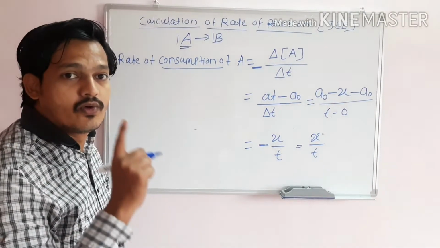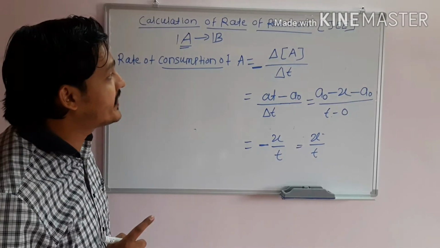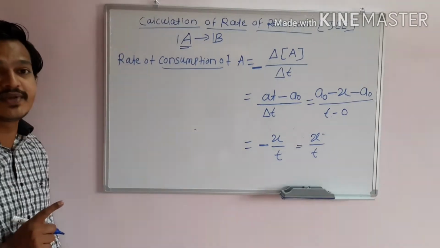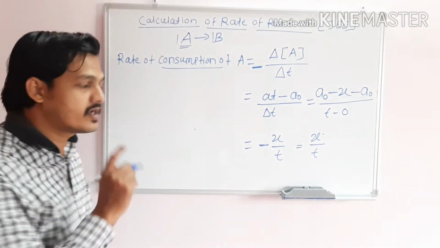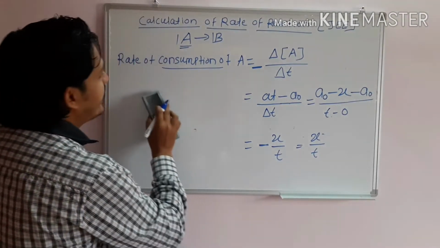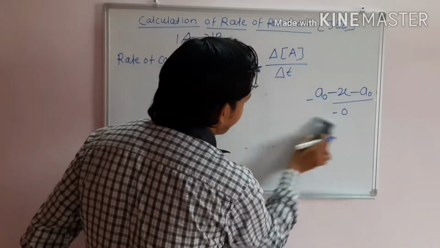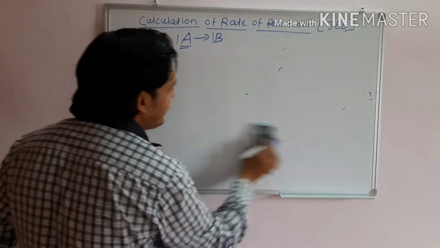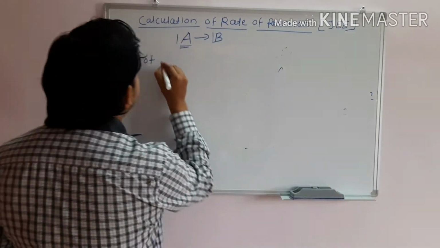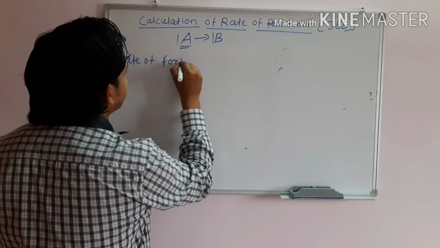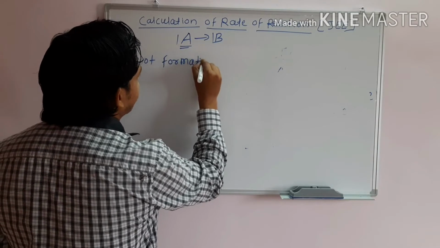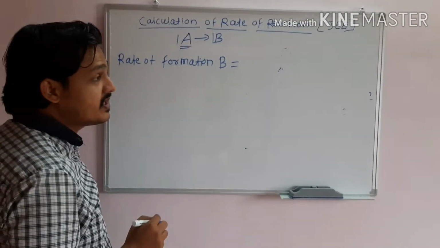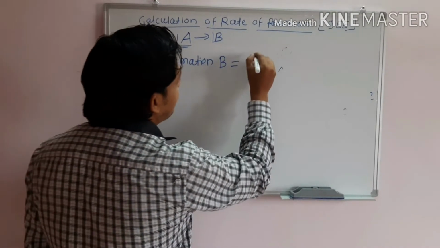Now, rate of formation of product B. So take a screenshot of the rate of consumption of reactant A. Okay, now rate of formation of product B. What is the value of B? How to express the rate of reaction?